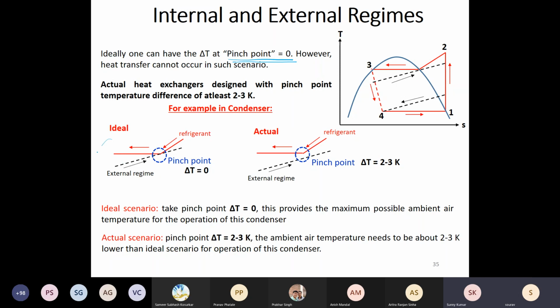So this is the ideal case for your condenser side. This is what we will actually design it for. So we maintain some amount of delta T, which is of course not 0, for our heat exchanger to operate.